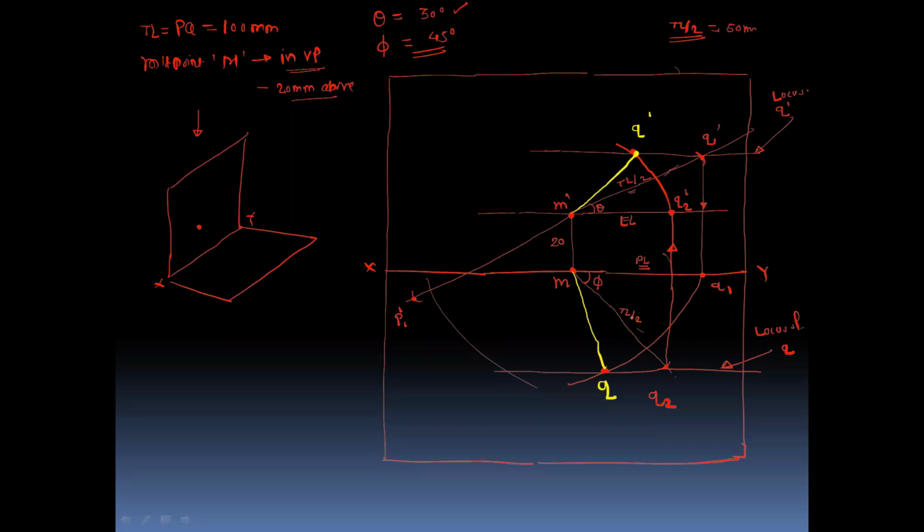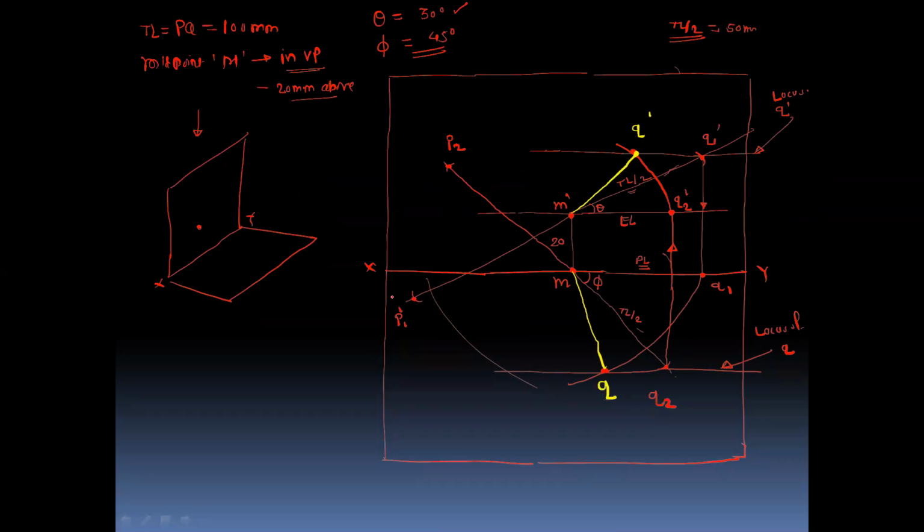Similarly, extend the second true length, that is in the top view, like this. Okay, and mark this point as point P2. So take the same distance, true length by 2, mark the arc here, and this is the point P2. So P2 corresponds to the top view. Okay, so from P2 we will get the locus of point P, and from P1 dash we will get the locus of P dash.